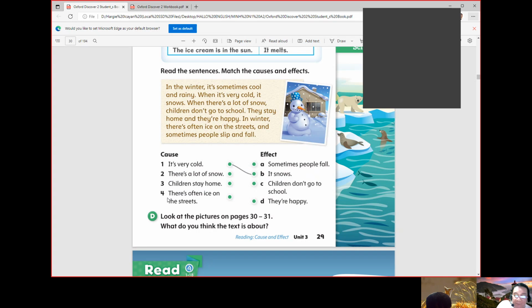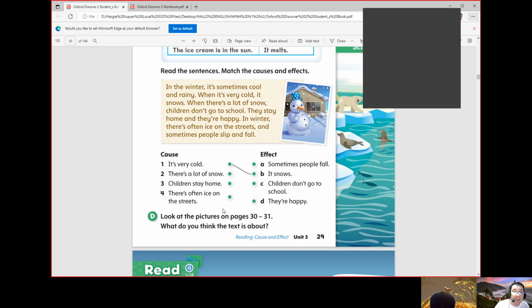Number four. There is often ice on the street. So therefore, the effect would be, I think number two is children don't go to school, and number four is sometimes people fall. Yeah, so we have to exchange that one, okay?